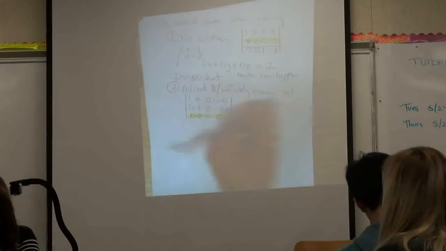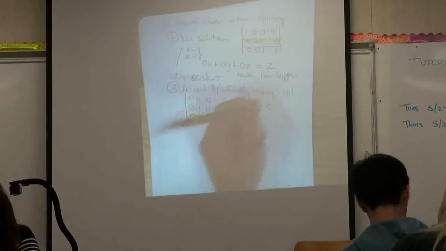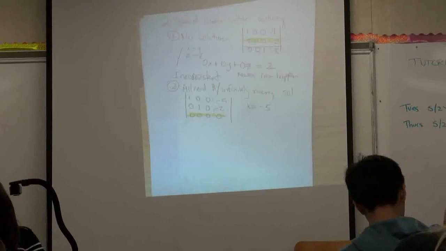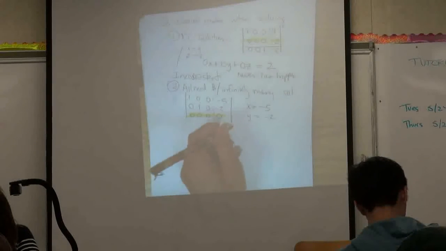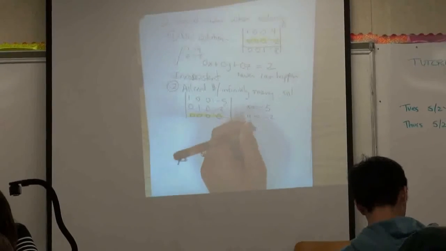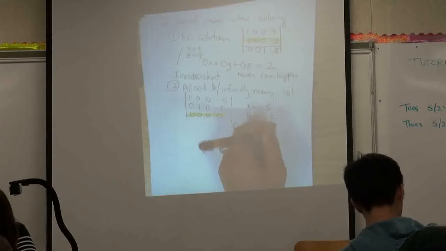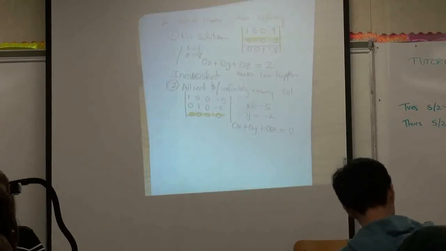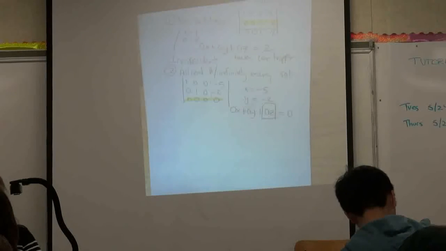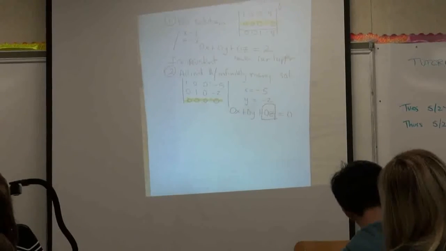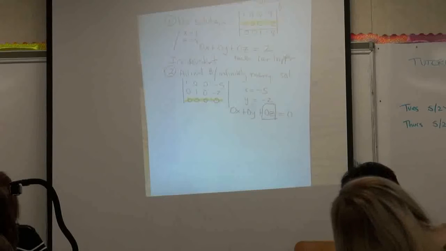Because while you're clear that x is indeed -5, and y is indeed -2, 0x plus 0y plus 0z is 0. Always. And that can happen infinitely many times.